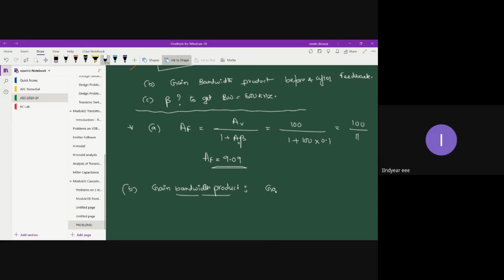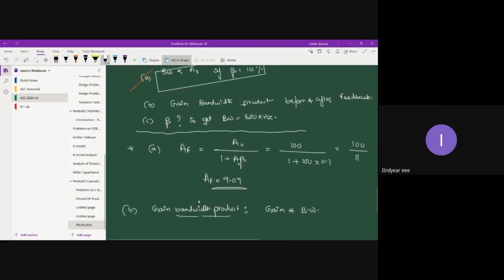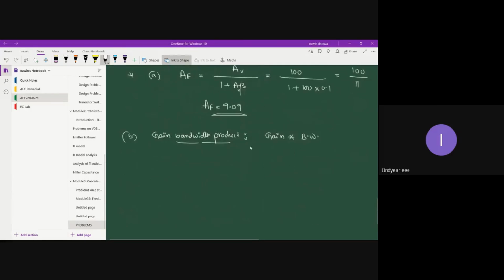So it is gain into bandwidth. Now you need to determine gain bandwidth product before and after the feedback. That means to say, with feedback, what is the gain bandwidth product, and without feedback, what is the gain bandwidth product? Okay, so first let me write without feedback.